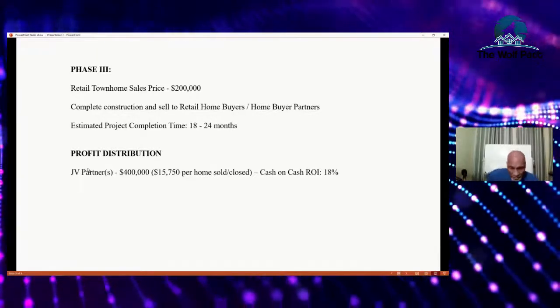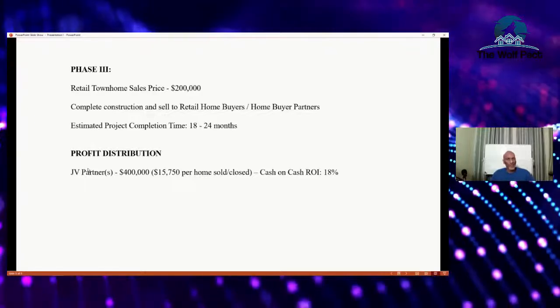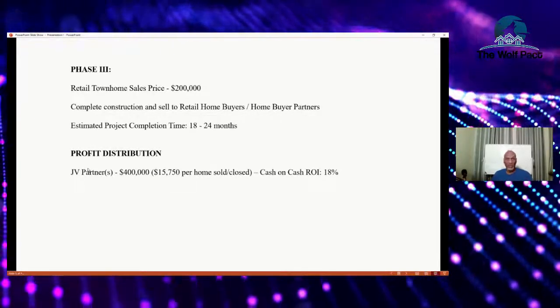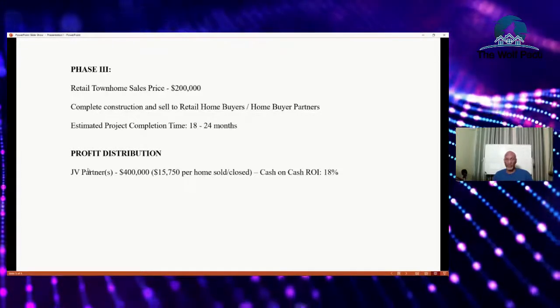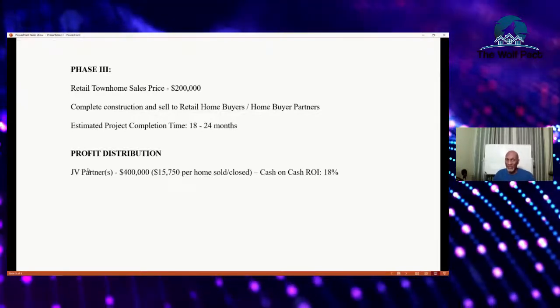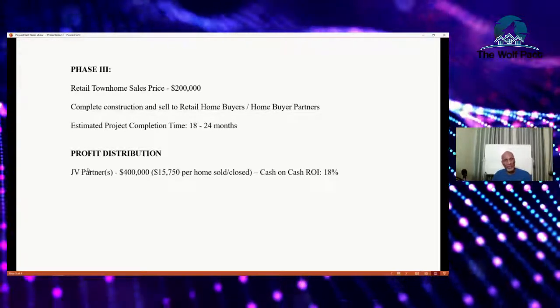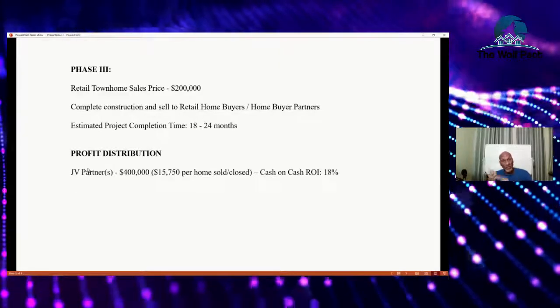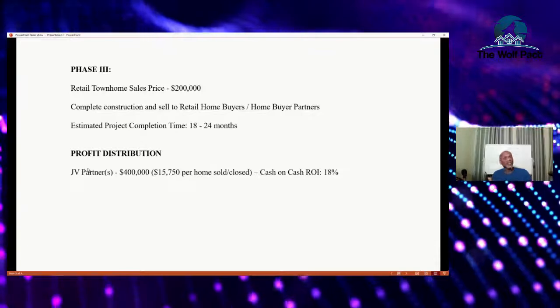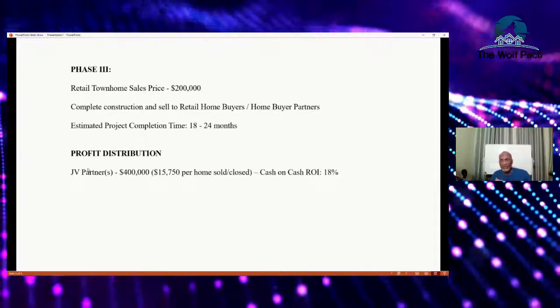Now let's talk about that for a minute. We already know, as the deal architect, we put the deal together. A wholesaler within the group brought the deal to the table to the deal architect. The deal architect uses their expertise to structure the deal and their team, because remember, the team is important as well. You have to have team members: your mortgage company, your builder, your developer, your engineers, your realtors.